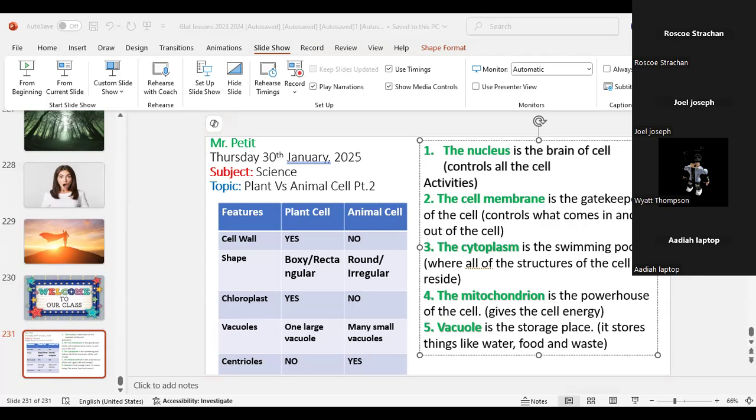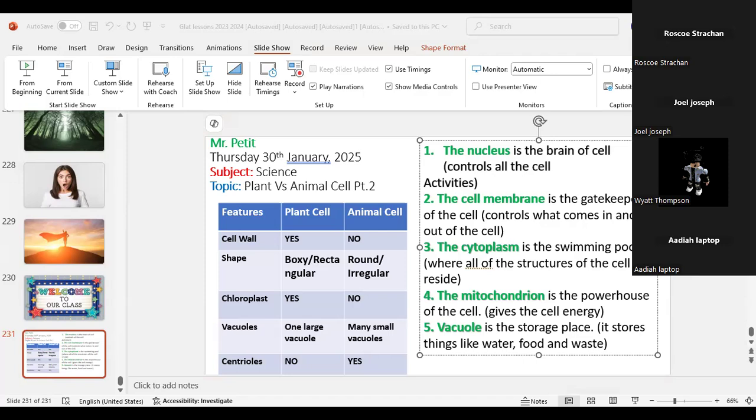The vacuole is a storage place. It stores things like water, food, and waste. Very good.